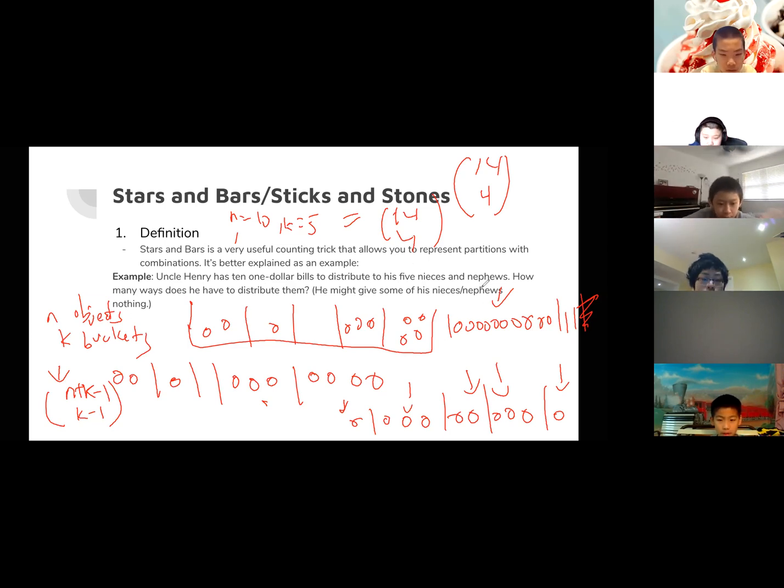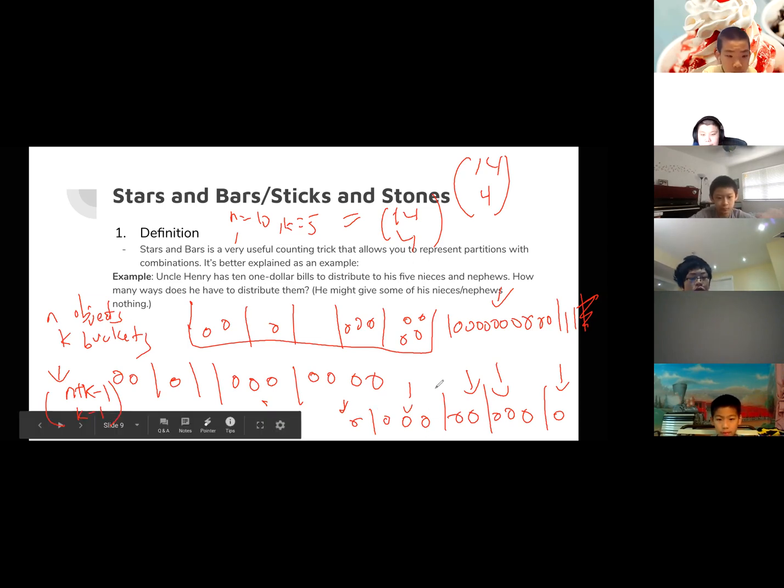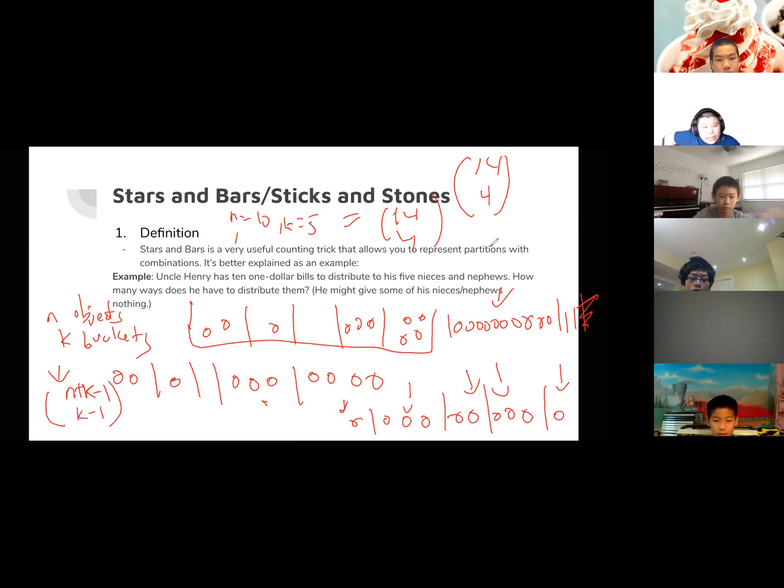Before the first bar goes to the first bucket, between the first and second goes to the second bucket, between the second and third goes to the third, and so on. And if you have 2 bars next to each other, then it's just going to have 0. Because of that, we can order these 10 stars and 4 bars in any way we want, and then we will be able to get something that looks like that. Does that make sense?